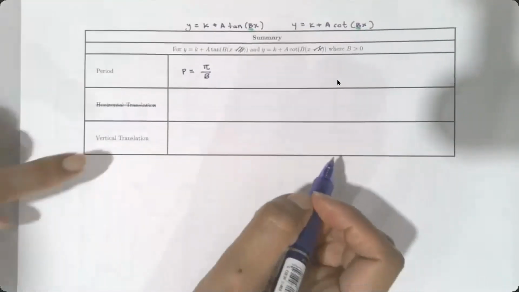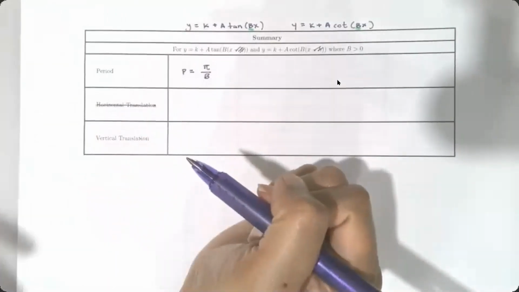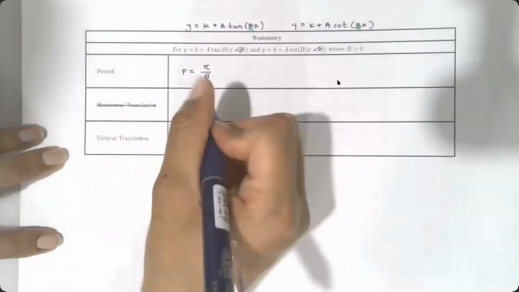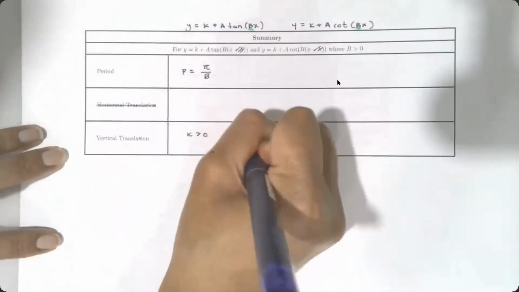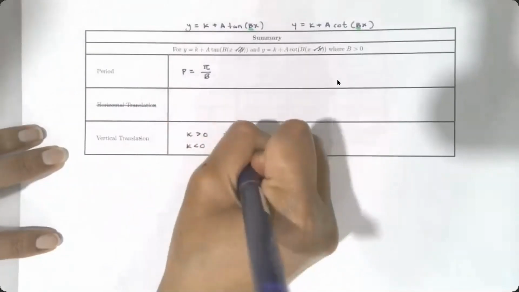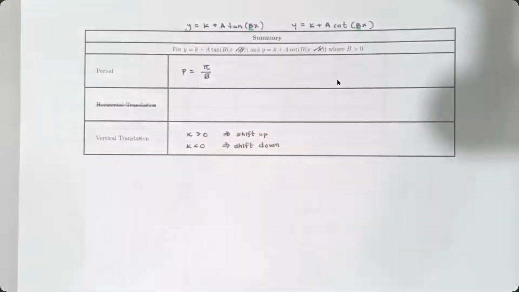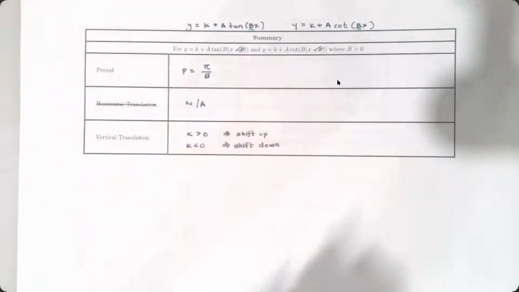So it's this one. Right. And then the vertical translation is the same exact way as it has been for sine, cosine, secant, and cosecant. And that is dependent on this k. So if k is greater than 0, we're going to be shifting up. If k is less than 0, then we're going to be shifting down. And the horizontal translation, don't have to worry about.